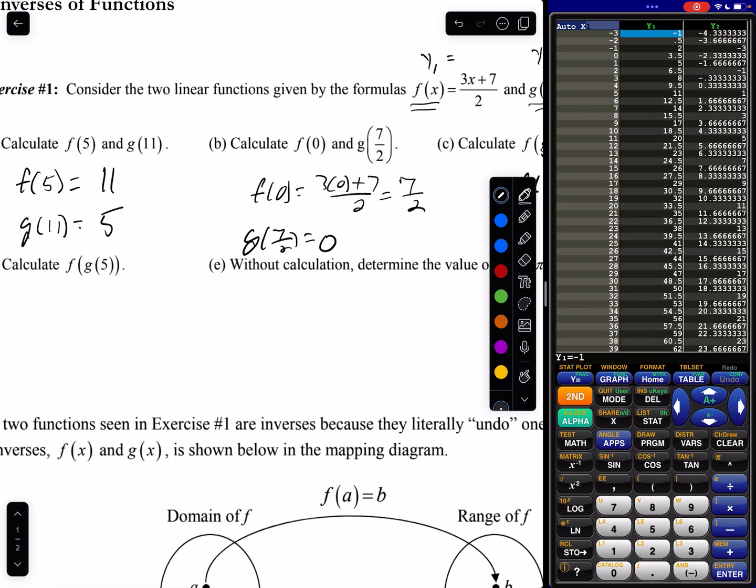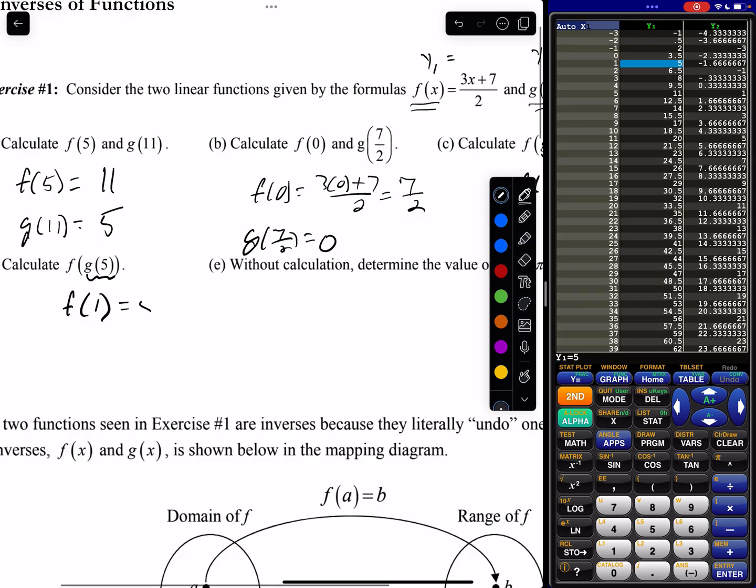If I do f of g of 5, let's check this one out. If I try g of 5, let's go down to 5, and you're going to see my output is going to be 1. So I'm looking for f of 1. If I go over to 1 here, what is my output?